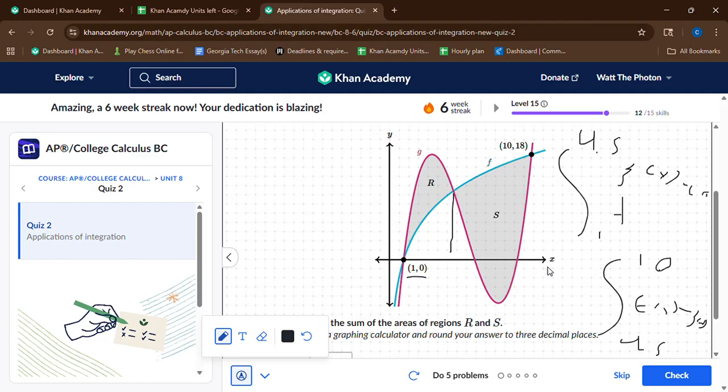Okay. We have integral. I have the TI-84 Plus.